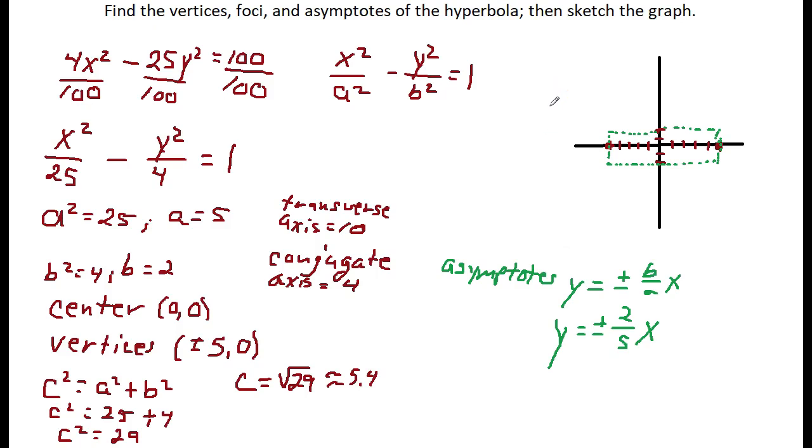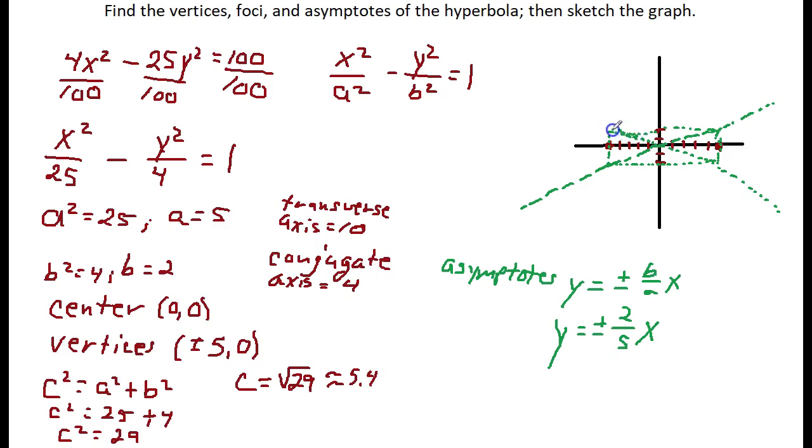Now let me put my asymptotes on here. And let's get this one.